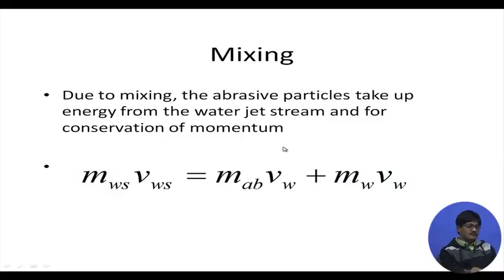Now, mixing. We have discussed the aspect of mixing of abrasives with water, abrasives being in the static condition and water coming at a very high velocity, and we have mixing. So, it is a sort of collision.